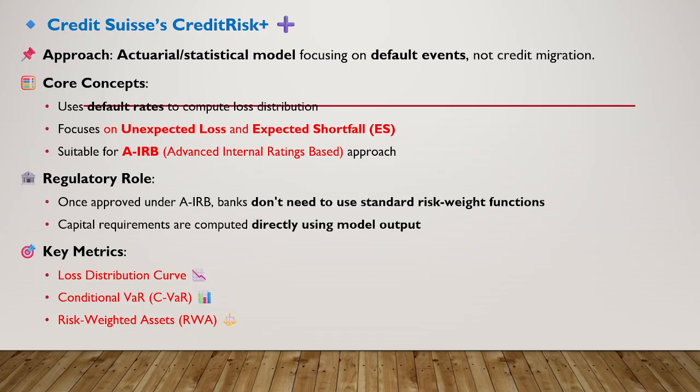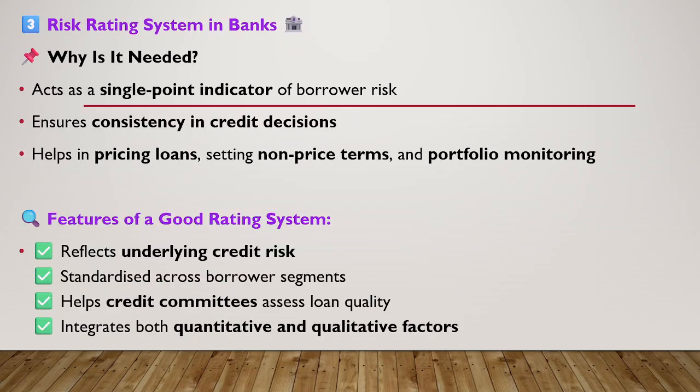So now the next logical question is, how do internal risk rating systems work alongside these models? Before feeding anything into a model, banks need to classify borrowers based on their creditworthiness. This classification is done through internal credit rating systems. These systems provide a single-point indicator of borrower risk.